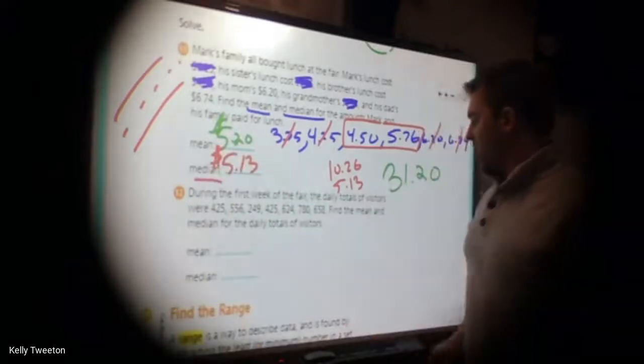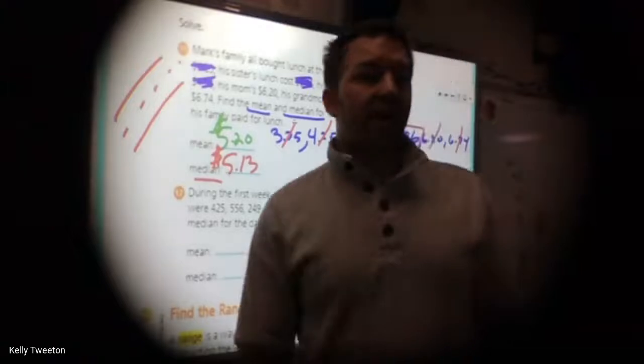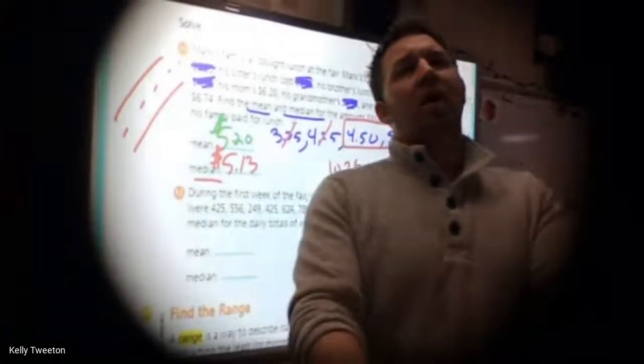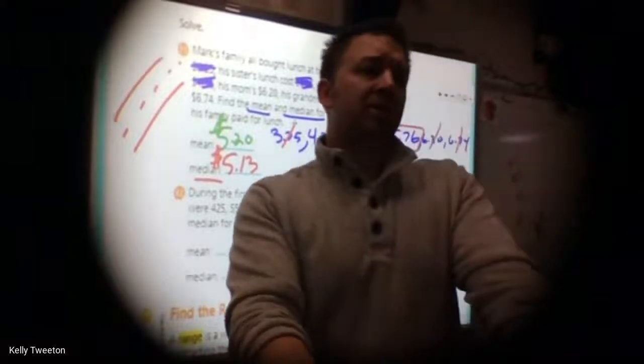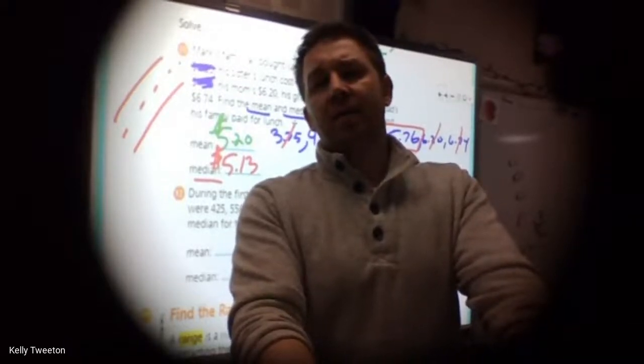Now, you notice those two numbers are pretty close together. Will it always happen that way? What do you think? Do you think the mean and the median will always be close? Why or why not? Maybe discuss that.